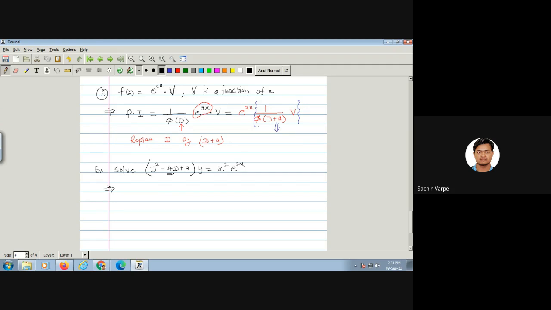So minus 1 and minus 3 are the two numbers. So using those two numbers, we can write the factors, that is D minus 1 and D minus 3 equal to 0. So this gives D equals 1 and 3. And therefore, the complementary function is c1 e to the power x plus c2 e to the power 3x.